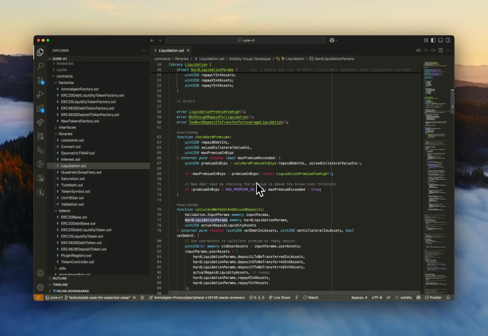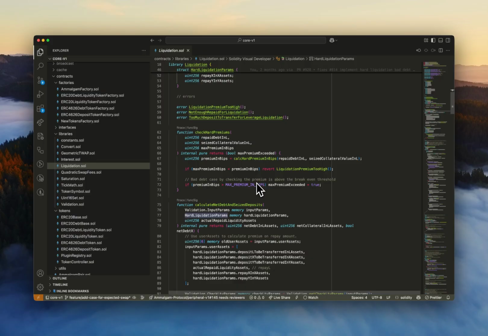One other caveat here is we actually start the Dutch auction before 75%, but anything before 75% loan to value would actually get a discount instead of a premium.